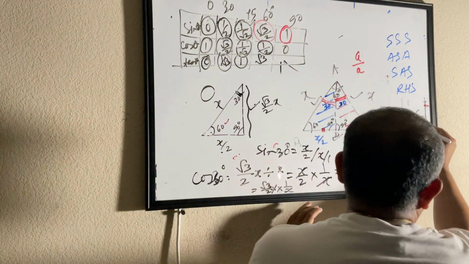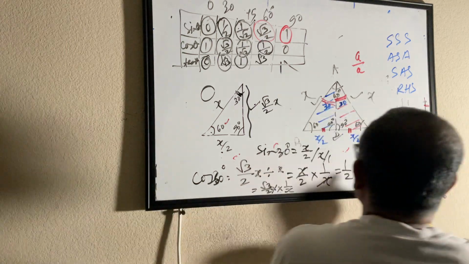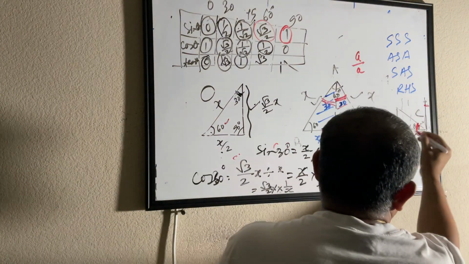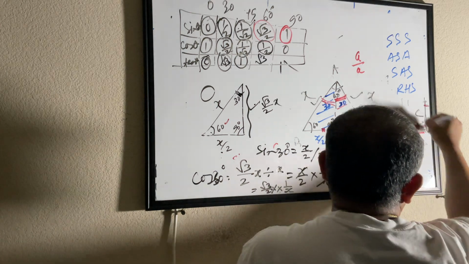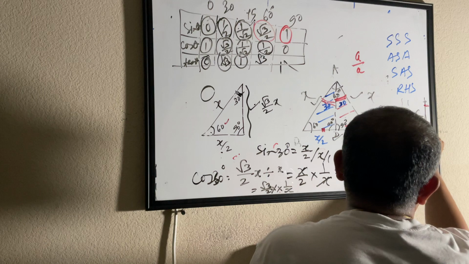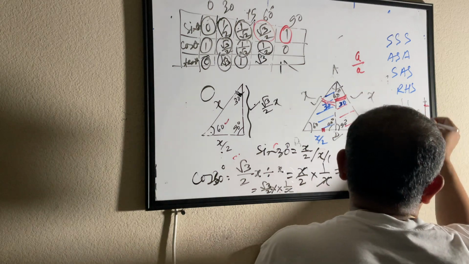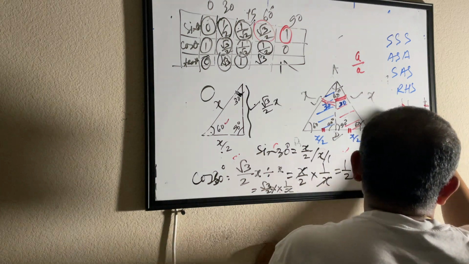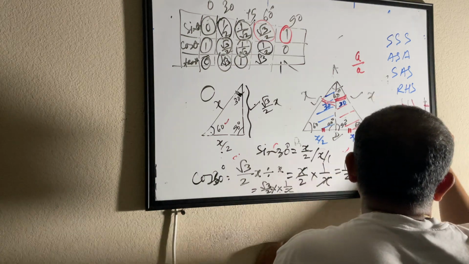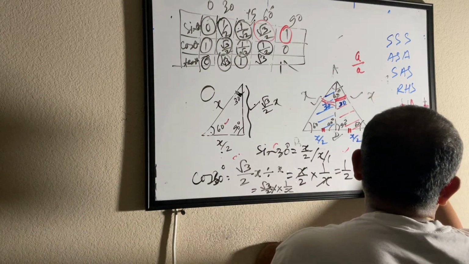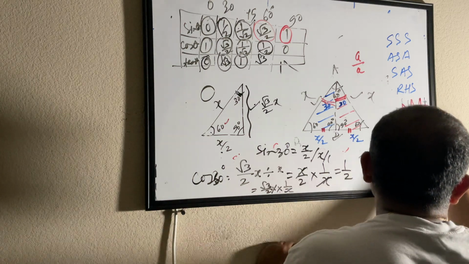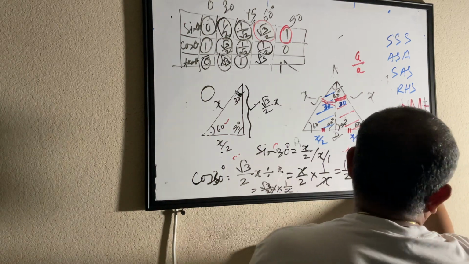When this became 90 degree, your base became 0. And what is impacted? Your cos theta is the adjacent side by the hypotenuse. The adjacent side became 0. It's squeezed. See, when you are changing the angle, this length is reduced. When you increase the angle further, this length is reducing.